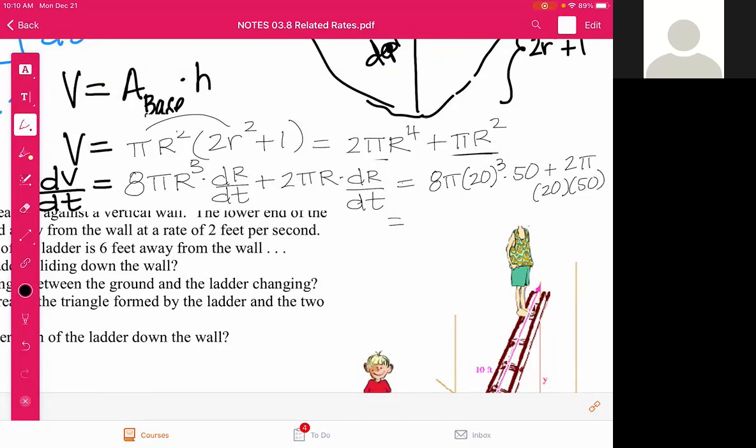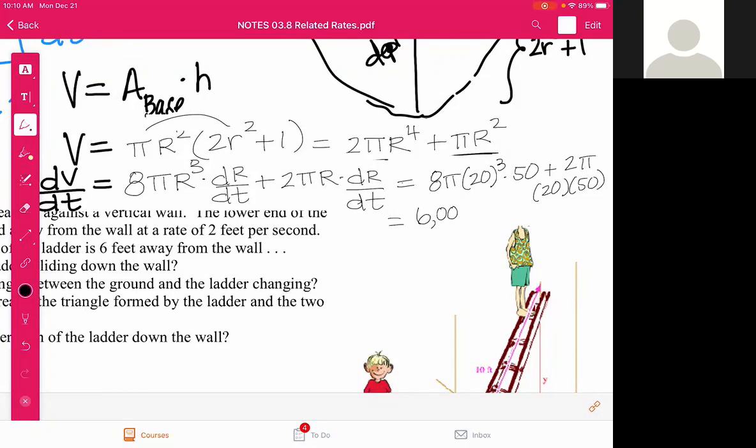Anybody have 8 times pi times 20 cubed times 50? You can tell it to me in terms of pi. I don't need to have the 3.14 in there. 6 billion? Oh, 64.